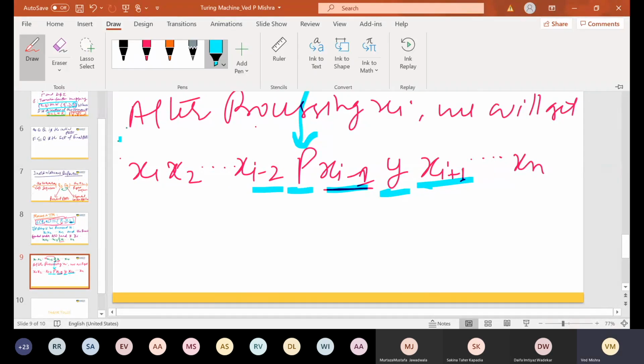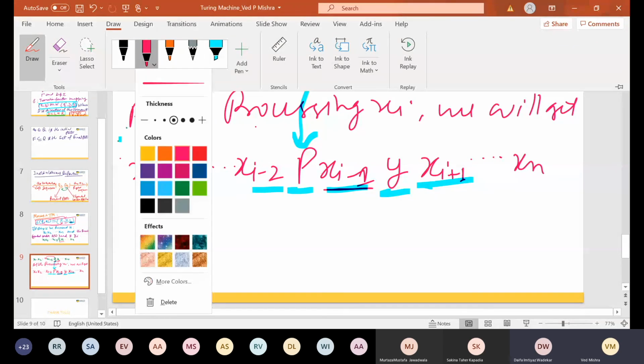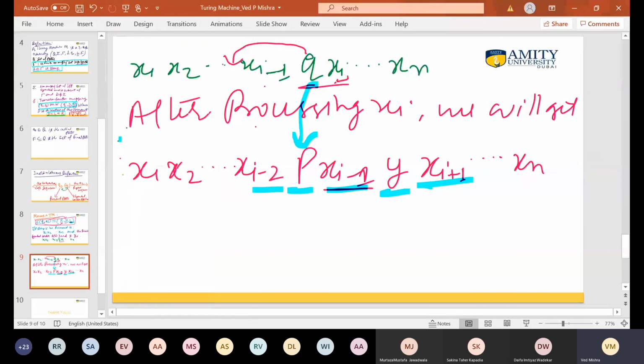Now what happens if you have to represent it in the form of an instantaneous description? The same thing you will write, like processing, using the PDA move symbol.